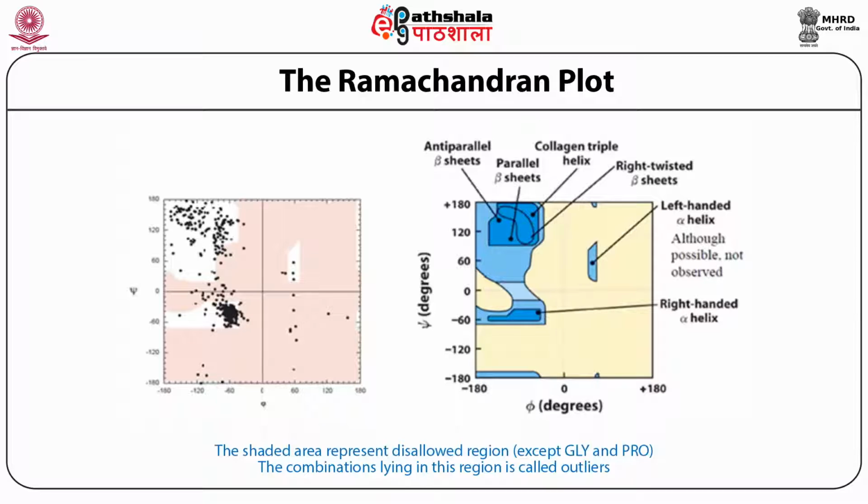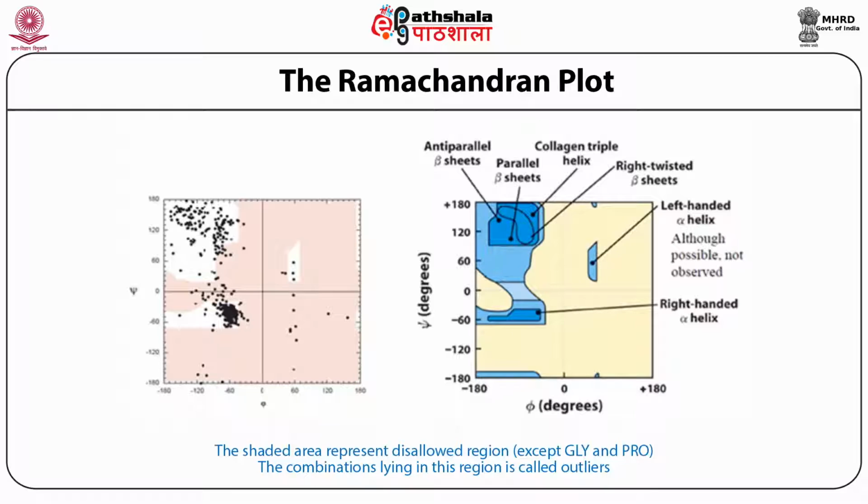The region where we see the shades is not allowed because of the steric clashes. And the black spots explain the combination of phi and psi by which an amino acid takes its own conformation in the given polypeptide.